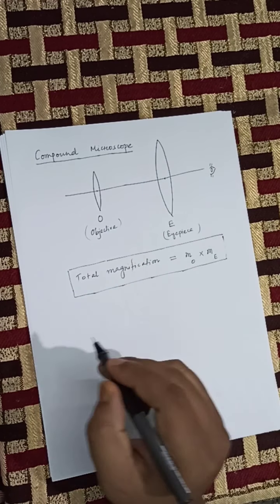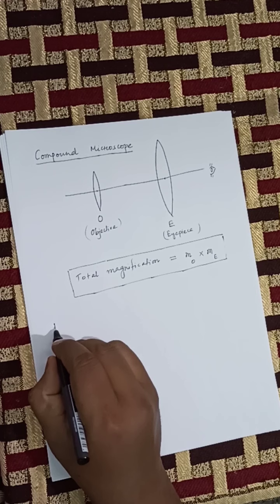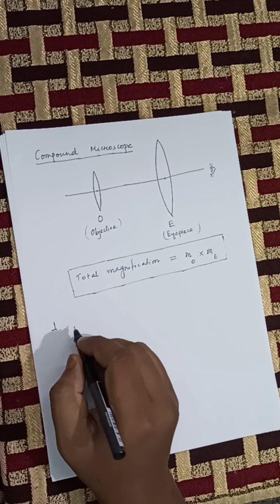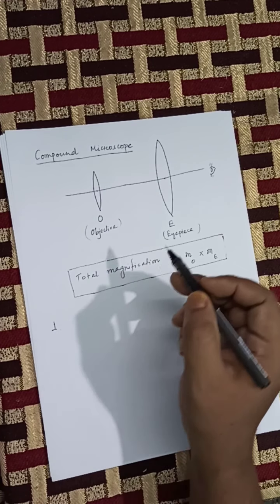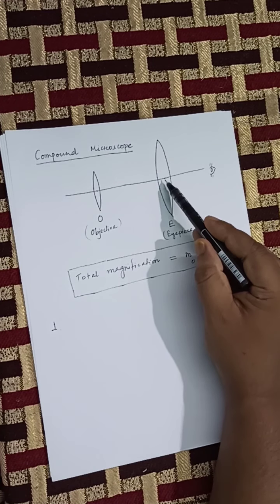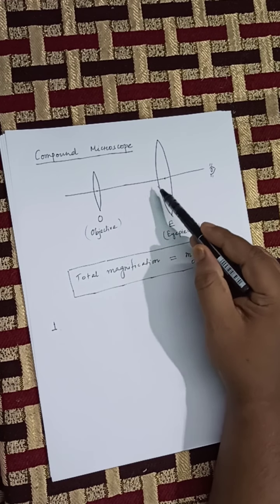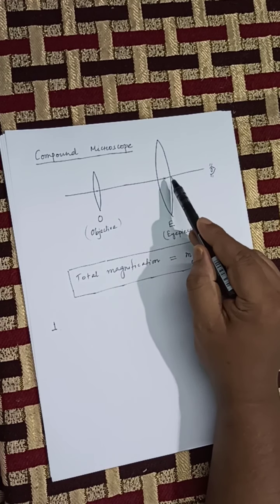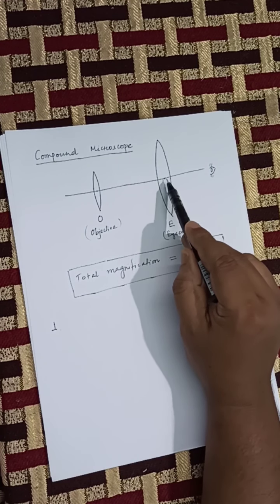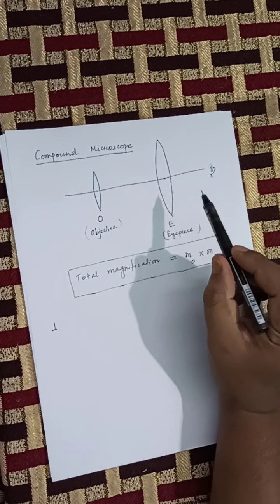Okay, now for image formation, here we can consider two positions, isn't it? So one is at a distance of minimum distinct vision, that is 25 centimeter. Okay, and the second position will be at infinity. Fine.